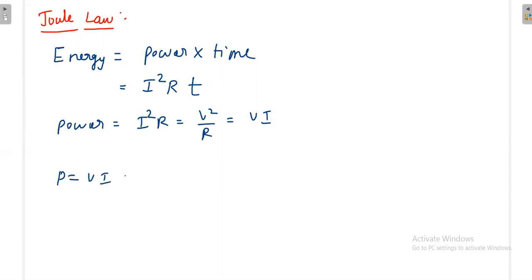Now I'm introducing something. I'm just multiplying with A into L and again dividing by A into L. A into L gives you volume, area into length.